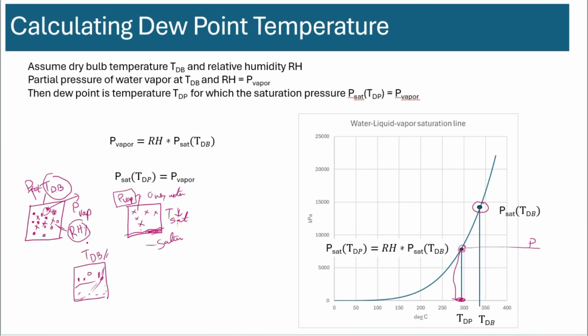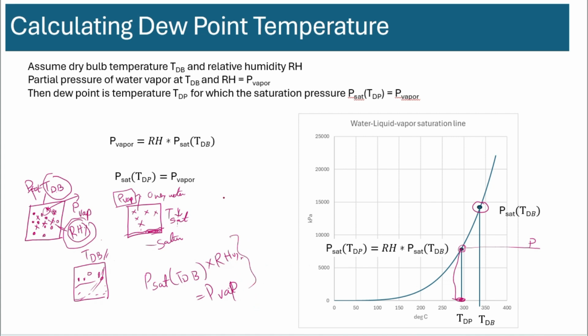And if you know the relative humidity from your sensor, you multiply that saturation pressure at dry bulb with the relative humidity value to get the P vapor. That will be the actual pressure of water vapor here, by definition of relative humidity.